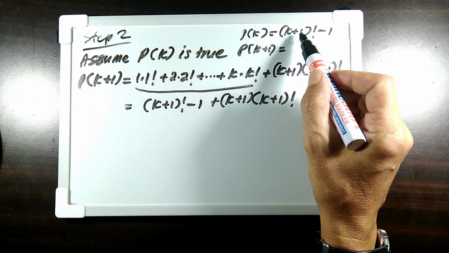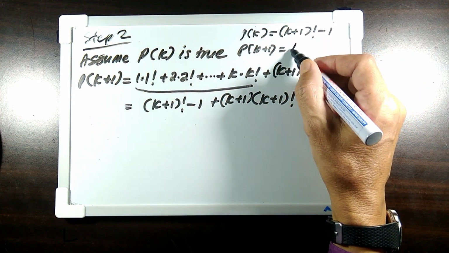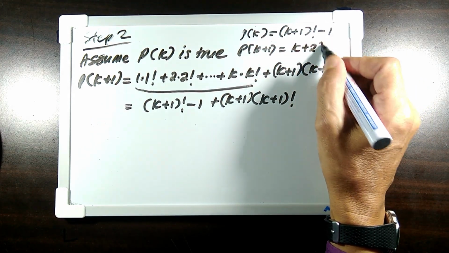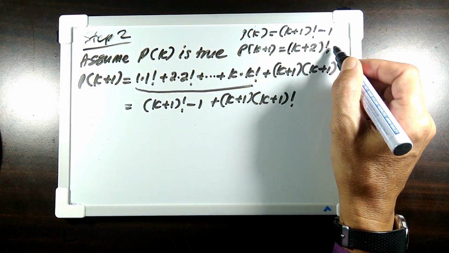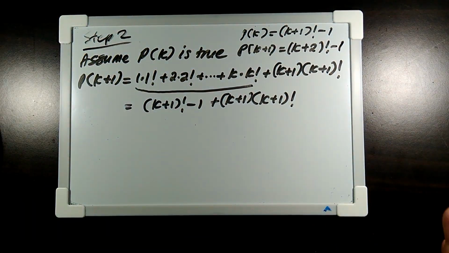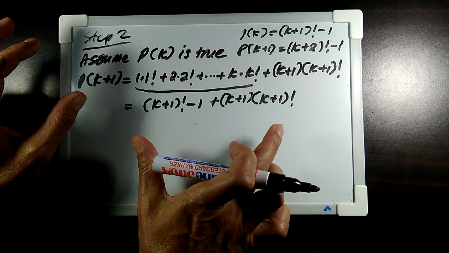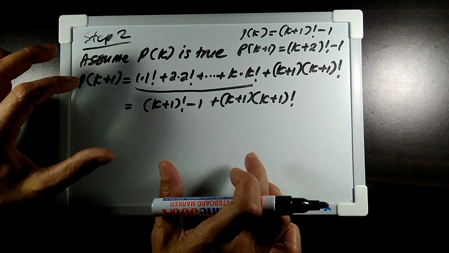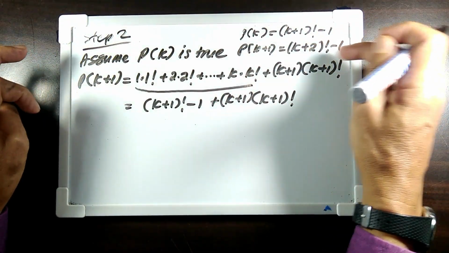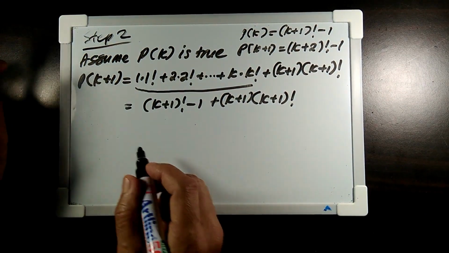So k plus 1 plus 1 will be k plus 2, factorial minus 1. Whatever we do in this step, our target is to get this expression. Let's see whether we can do that.